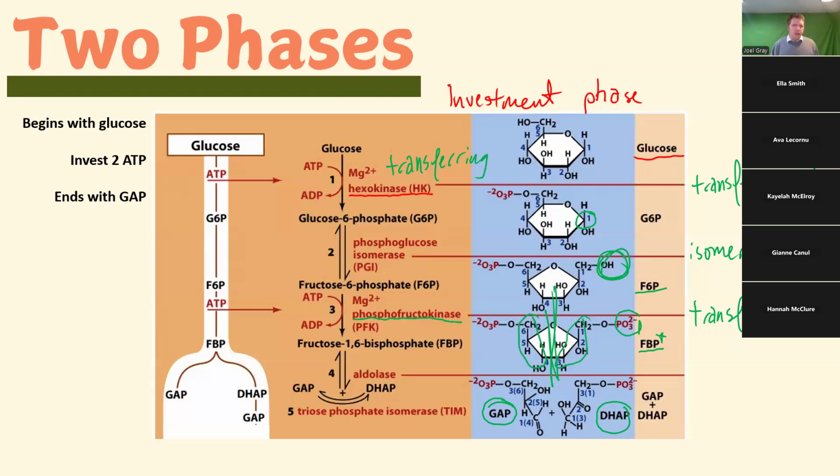If you remember our names for our 3-carbon sugars, there was glyceraldehyde and there was dihydroxyacetone. So we've got glyceraldehyde 3-phosphate and dihydroxyacetone phosphate. Those are the 2 3-carbon molecules. That reaction that takes our 6-carbon molecule down to these 2 3-carbon molecules, that enzyme is known as aldolase.